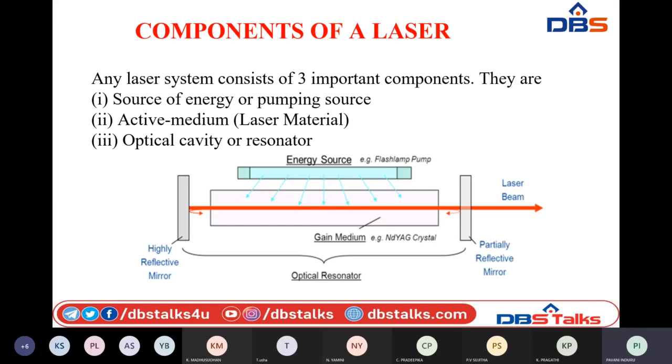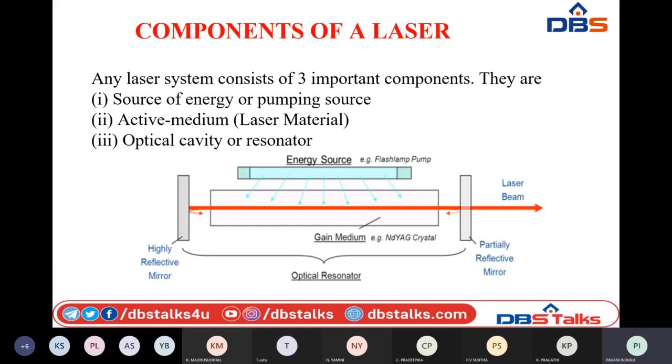The highly reflective mirror is silvered completely at one end, and the other end is made only of glass material. Whereas the partially reflective mirror is silvered only partially, such that it will allow some amount of light to pass through it. But the highly reflective mirror does not allow any amount of light to pass through it.